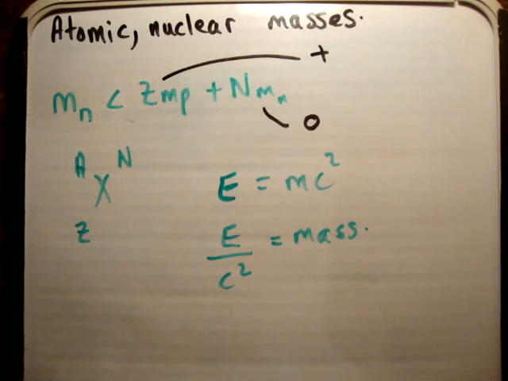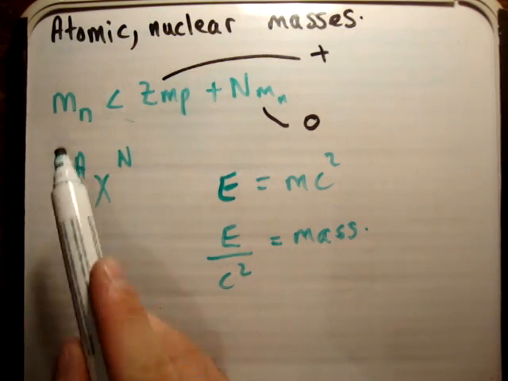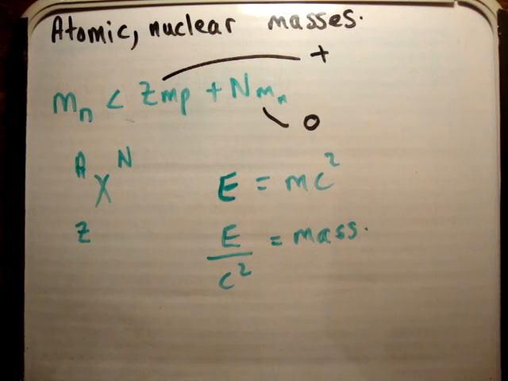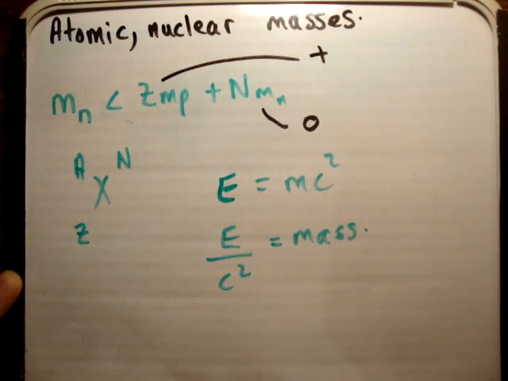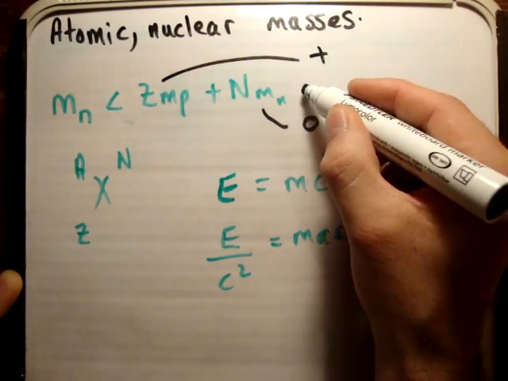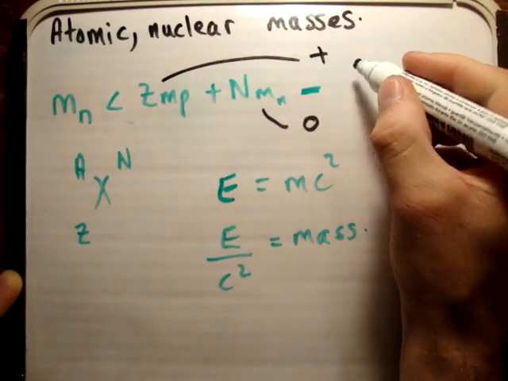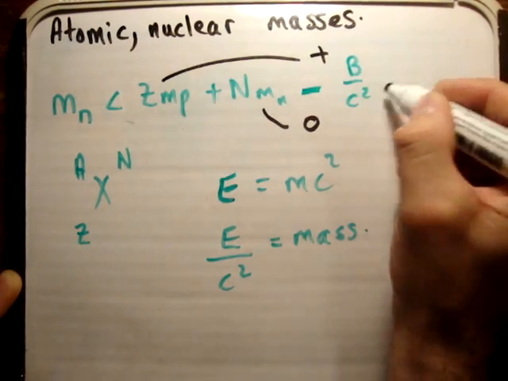So what we're saying here is that the mass of the nucleus is less than the mass of all the neutrons and protons separately, because some of this mass had to be converted into energy. So we need to reduce the mass of all these by a factor of B over c squared.